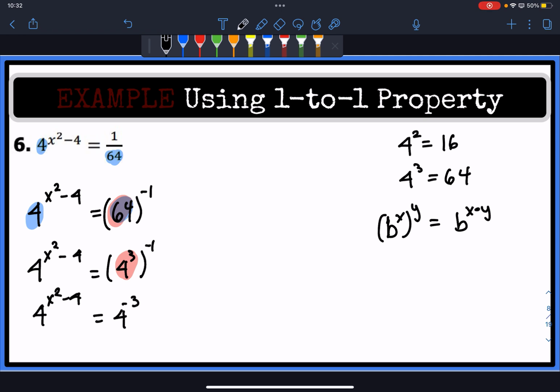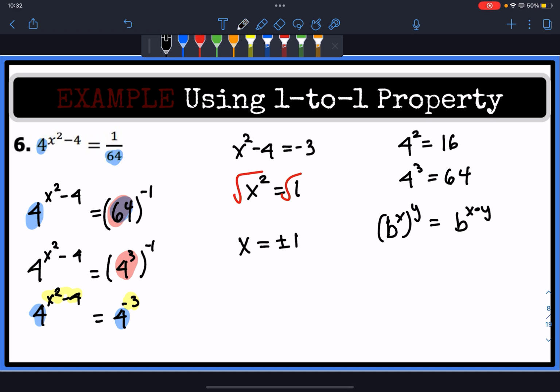And now, with the bases being the same, our exponents are equal as well. So x squared minus 4 equals negative 3. We would add 4 to both sides, getting positive 1, taking the square roots. x equals both positive and negative 1. And there's your solution.